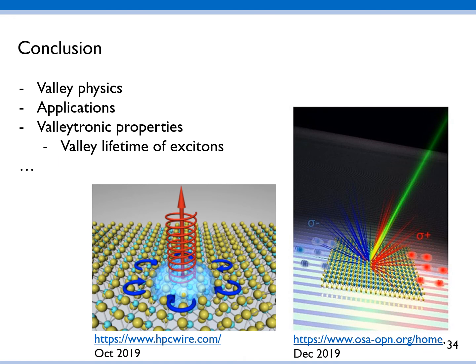This brings me to the conclusion of this talk. In this presentation, I spoke about the valley physics, applications of valleytronics, and valleytronic properties, especially the valley lifetime of excitons. There are other aspects that I would really have liked to touch on because they are so fascinating. For example, the material processing property relationships specific to valleytronics.